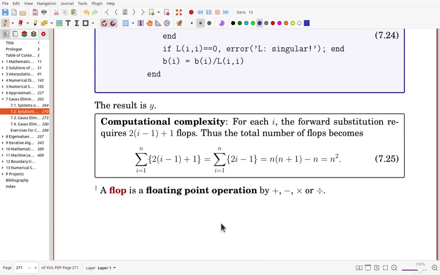Now, what is the computational complexity? For each i, the forward substitution requires 2(i-1)+1 flops. A flop is a floating point operation, any one of these. Earlier in the history of computational mathematics, only multiplication and division were counted. But nowadays we count every operation as one flop.